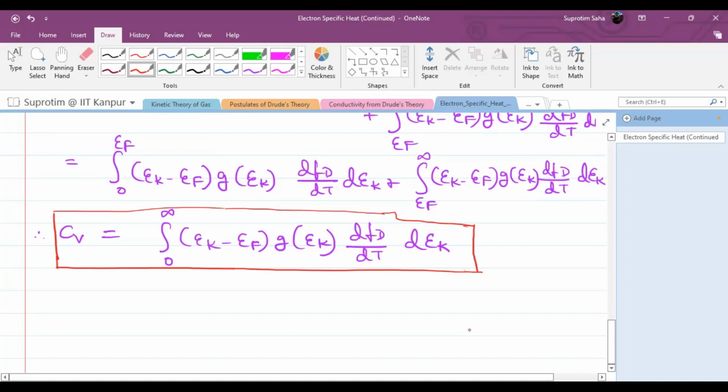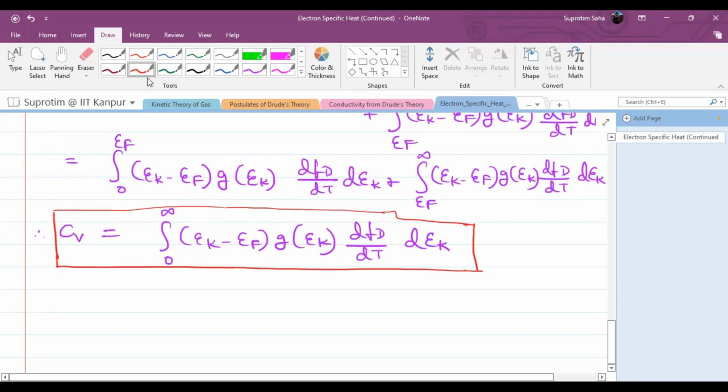Now, here comes the time that we make an approximation. Let's get back to our earlier knowledge that these energy levels are filled up with electrons.